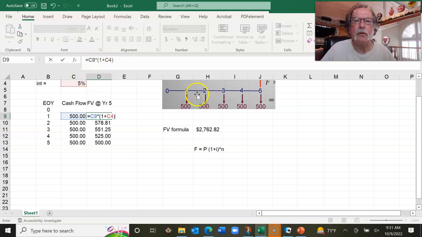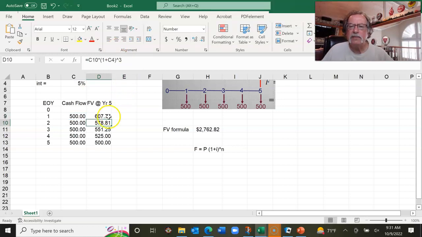We take it forward 1, 2, 3, 4. So these are the individual components, and we can sum them up, and we get the same $2,762.82.